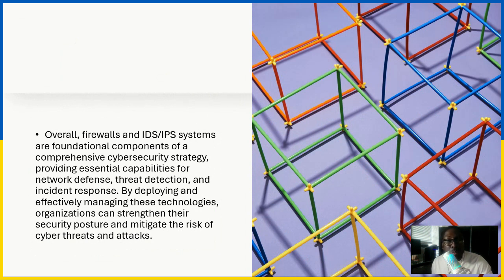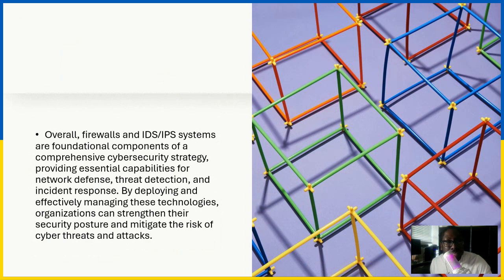IDS IPS systems employ several advanced features and capabilities to enhance network security. Signature-based detection involves matching network traffic patterns against known signatures of known threats, allowing organizations to detect and respond to known threats effectively.